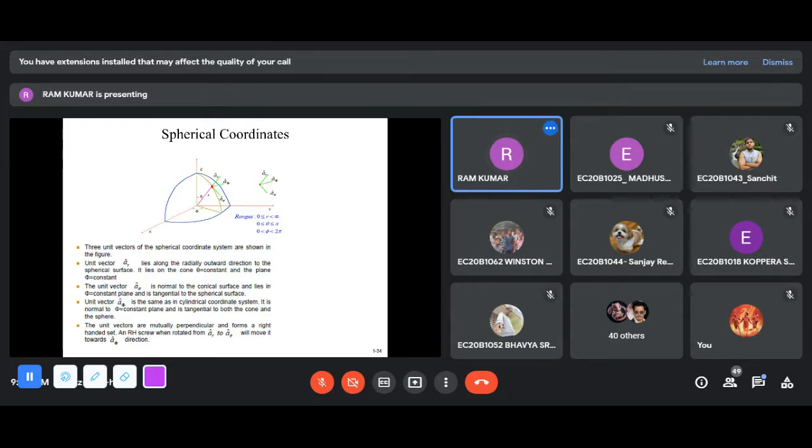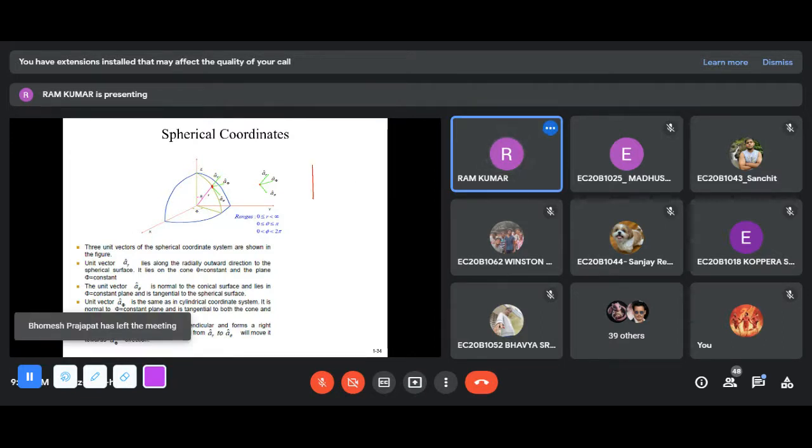Everything is to represent all the components present due to a point charge, line charge, or any volume charge. To exactly locate that position, we should have these parameters, like x, y, z, r, theta, phi. Similarly, rho, phi, z.